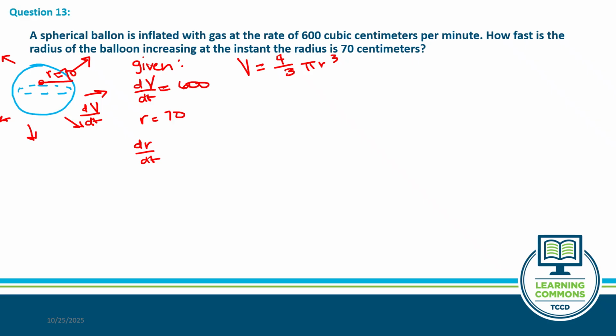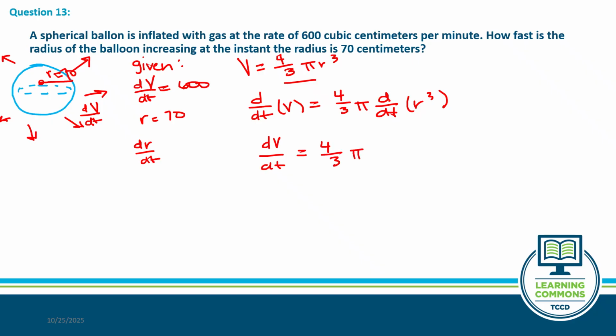So whenever I differentiate this, I'm going to take out the 4 over 3 and pi. Everything is always, again, with respect to time, because it's happening over a period of time. So the derivative of V with respect to t is dV over dt equals 4 over 3 pi, and then the derivative of r cubed with respect to t is 3r squared dr dt.